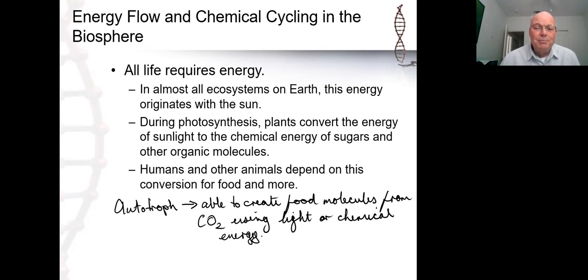An autotroph can make its own food molecules. Any other type of organism is referred to as a heterotroph. And heterotrophs have to get their carbon, their organic molecules, from an autotroph because they're incapable of making their own food molecules.